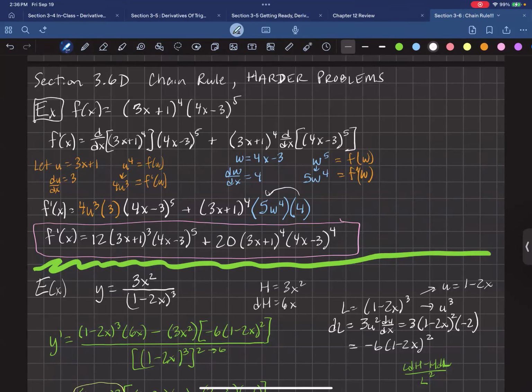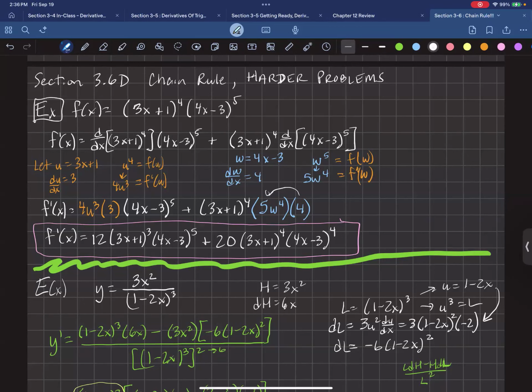And that made low equal u cubed. And so d low is the derivative of u cubed, which is 3u squared, times du/dx, and du/dx was a negative 2 when we take the derivative. So I clean that up, and my d low here is negative 6 times (1 - 2x) squared.